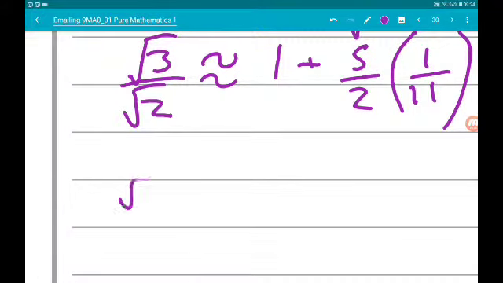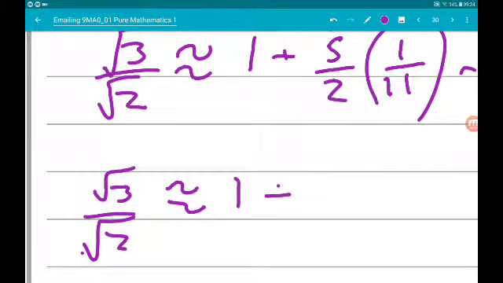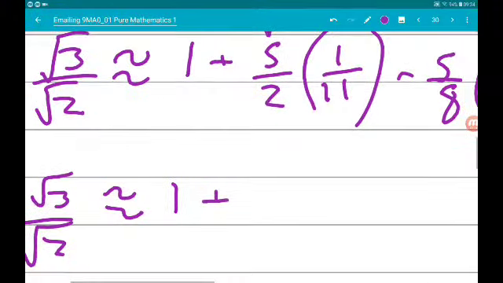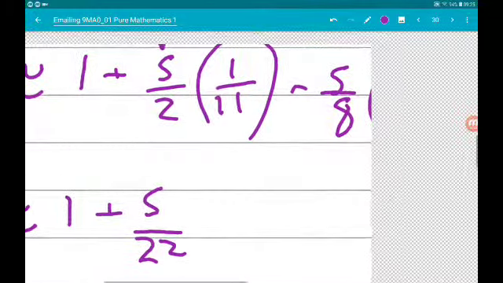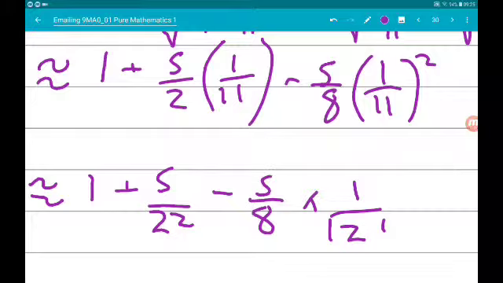So root 3/2 is approximately 1 add 5 over 22 minus 5/8 times 1 over 121.